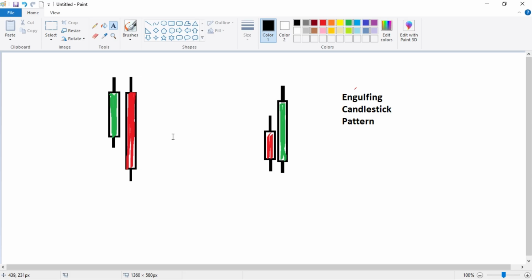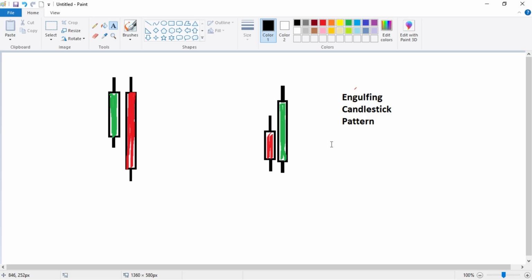A bearish engulfing pattern is whereby the small bullish candlestick is engulfed by the bearish Marubozu candle together with its shadows, as you can see.